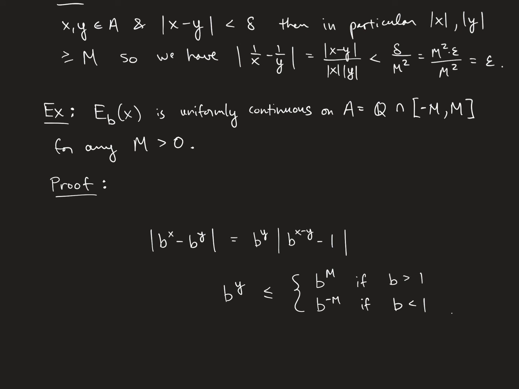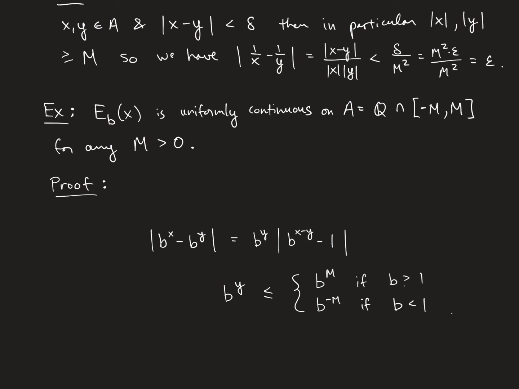That's because this exponential function is increasing in this case, so we get the biggest value at the right endpoint, and it's decreasing in this case, so we get the biggest value at the left endpoint.